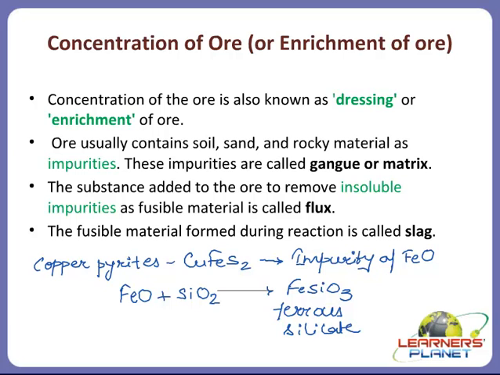Now this ferrous silicate will get deposited at the bottom and it is then collected later. So got my point? So the impurity of iron oxide or the ferrous oxide will be removed as ferrous silicate.